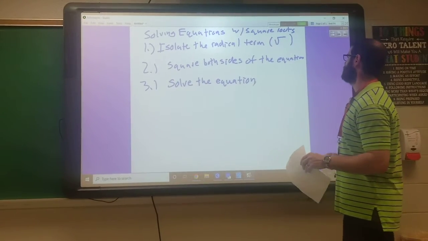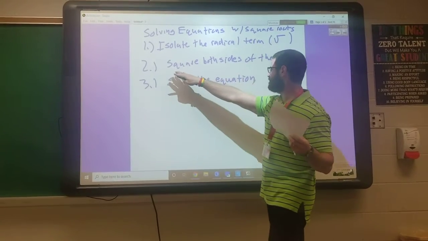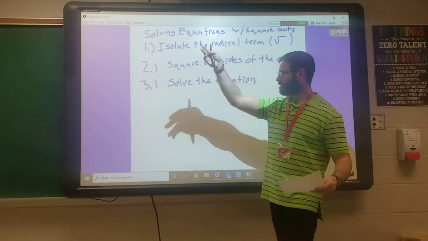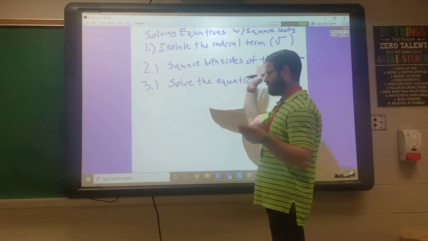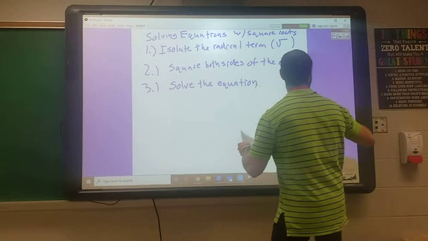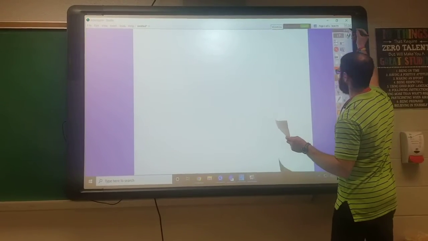Alright, so again, isolate the radical or the square root term, square both sides of the equation. Squaring is going to get rid of the square roots, and then take whatever steps necessary to solve. Alright, so let's go ahead and look at a few examples.